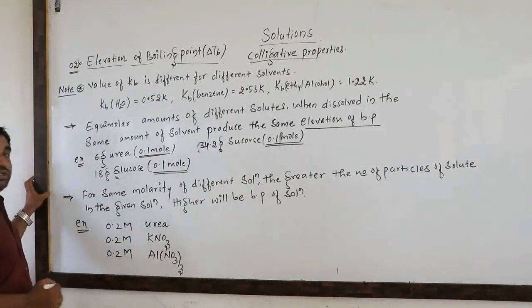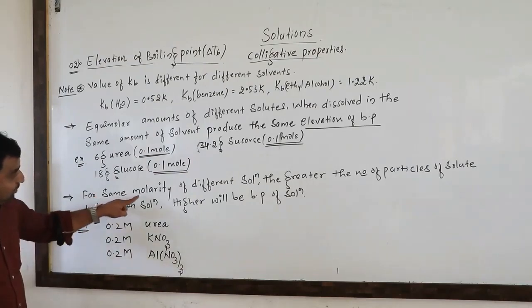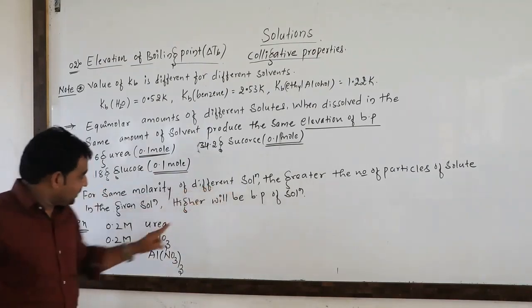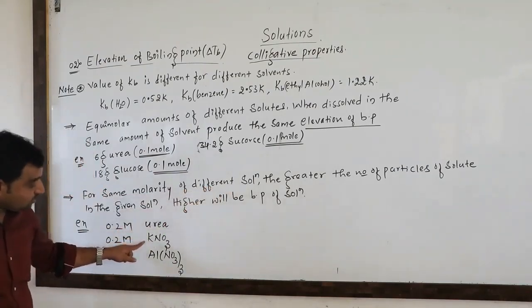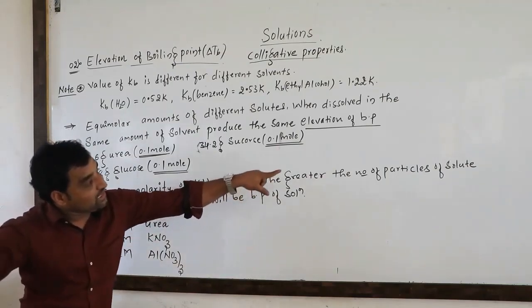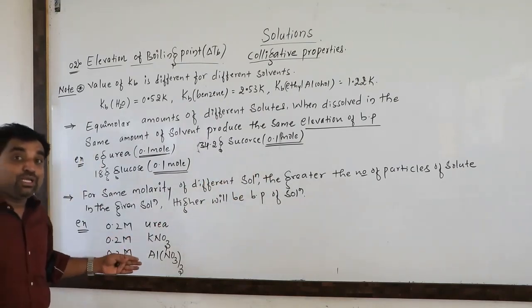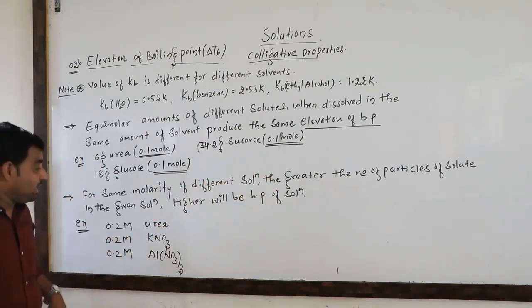These are the three solutions having the same molarity, 0.2, 0.2, 0.2. This is one solution, this is another solution, this is another solution. The solution where the number of solute particles is greater has the higher boiling point.